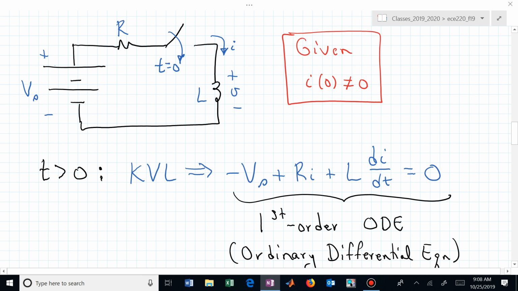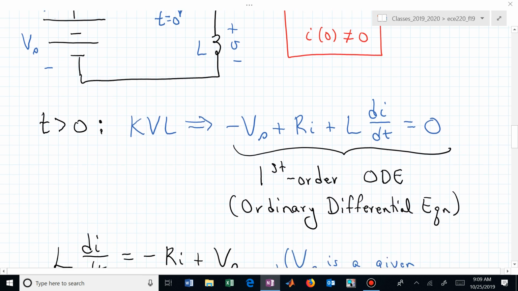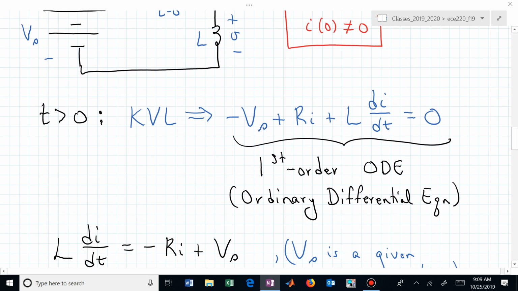You'll see this referred to many different ways. It's an ordinary differential equation, and in fact this is linear, isn't it? We don't have any products of variables, or we are not exciting this source with some nonlinear behavior. So I and di/dt, those are all coming in linearly. This is now a linear system.